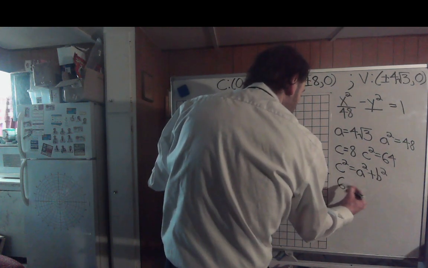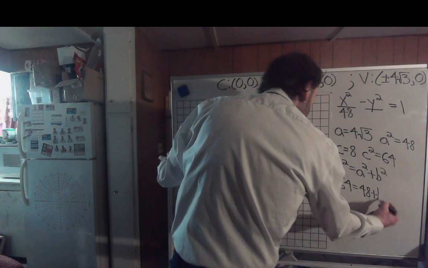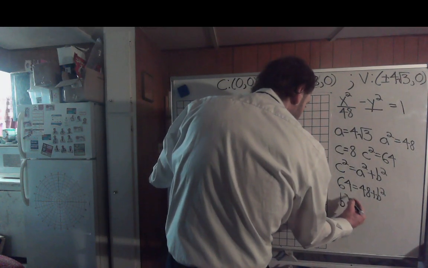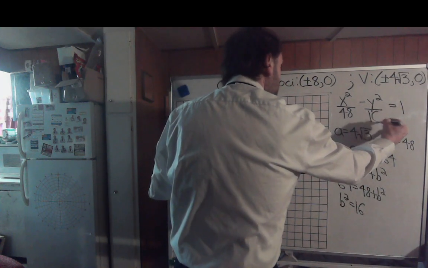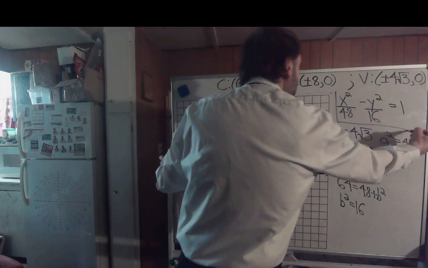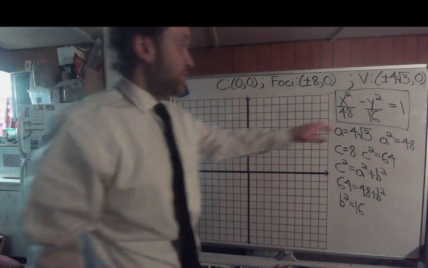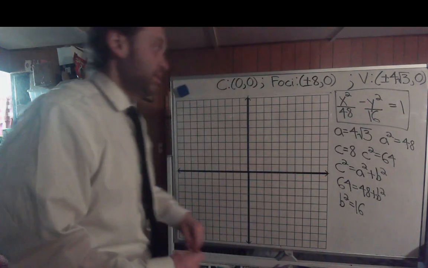So 64 equals 48 plus B squared, which would have to then mean that B squared equals 16. So that 16 would go below your Y squared. And the equation you should get is x squared divided by 48 minus y squared divided by 16 equals 1.